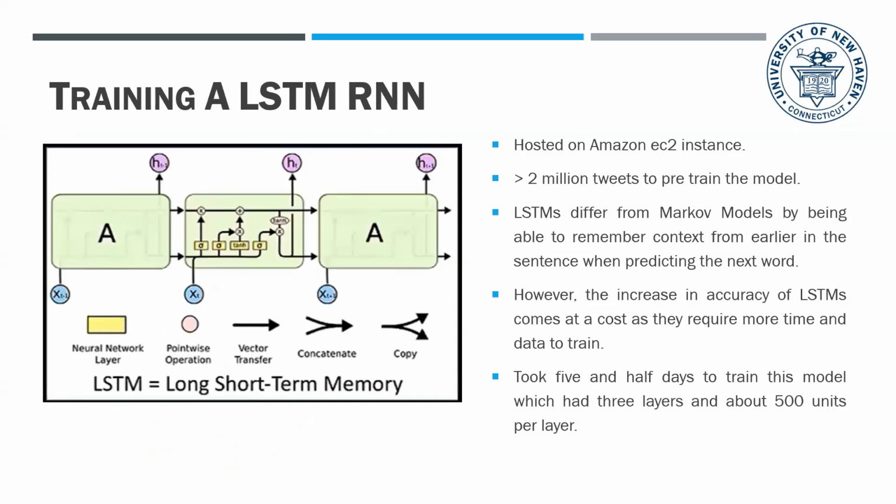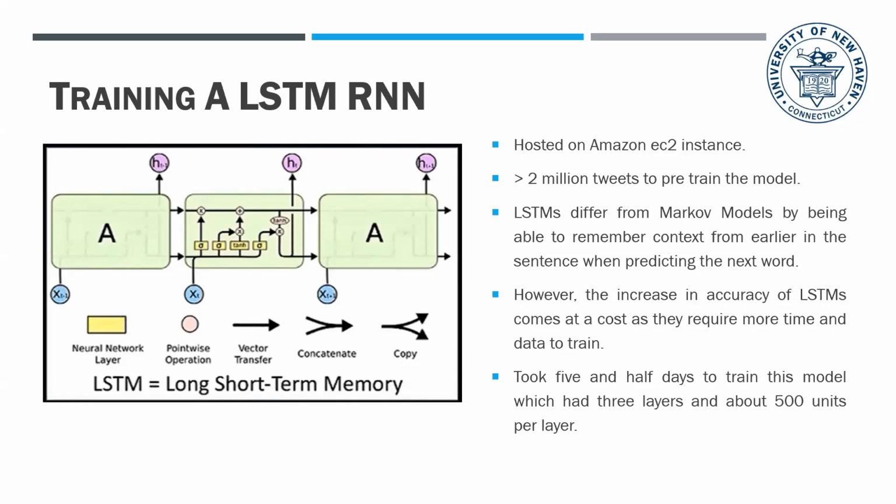Next, training the LSTM. I have just mentioned the architecture of the LSTM, but that is not what they have used. We know that the LSTM RNN is a long short-term memory recurrent neural network. The authors hosted it on an Amazon EC2 instance and trained it on more than 2 million tweets.